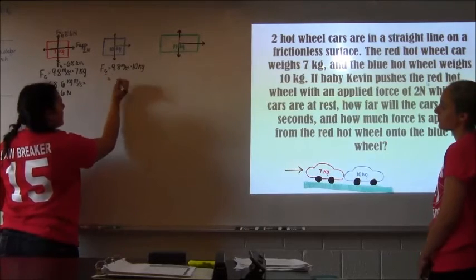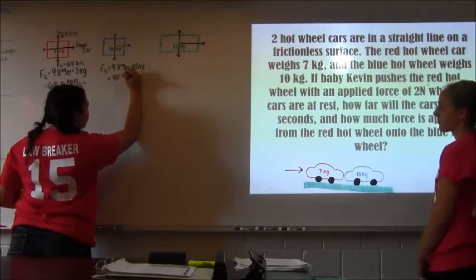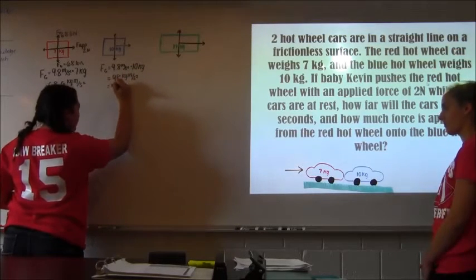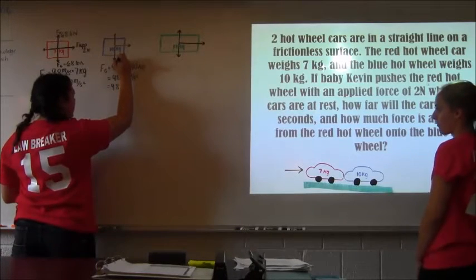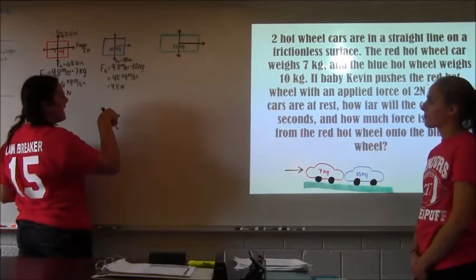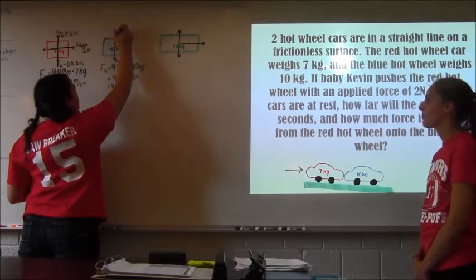That gives us 98 kilogram meters per second squared, which goes to 98 newtons. So that goes here, down at the bottom with the arrow going down, and at the top where the normal force is.